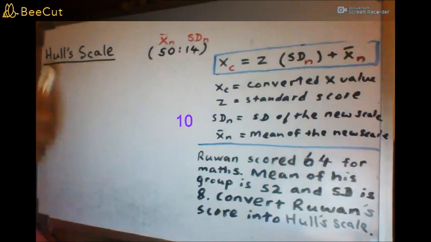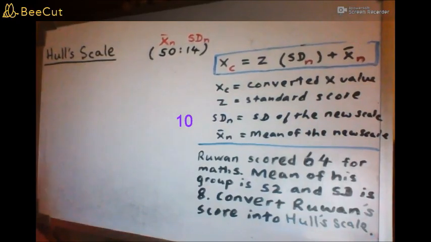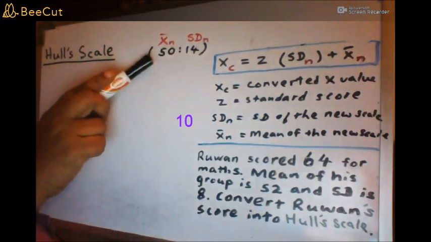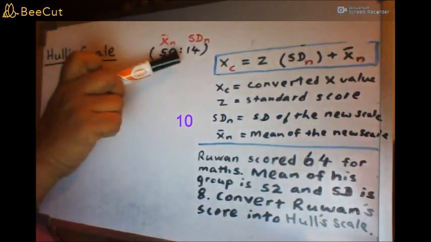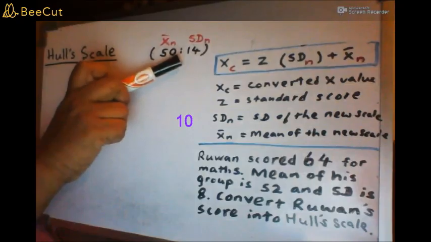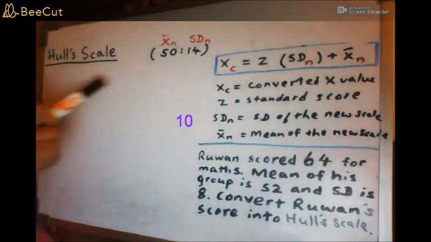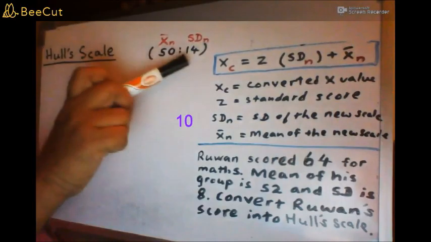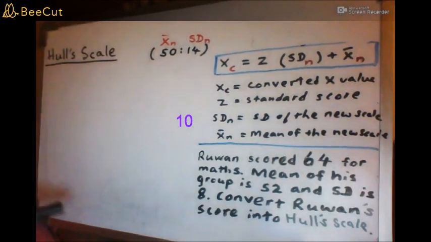Now, Hull scale. In Hull scale, the new mean is 50 and the new standard deviation is 40. According to McCall scale, x bar is 50, and here it is 10 or 120 like that.